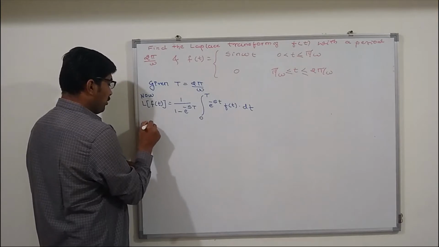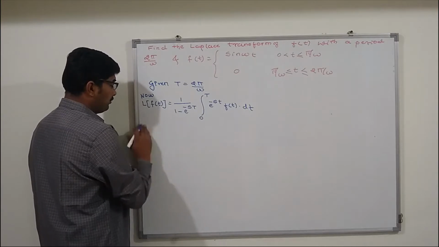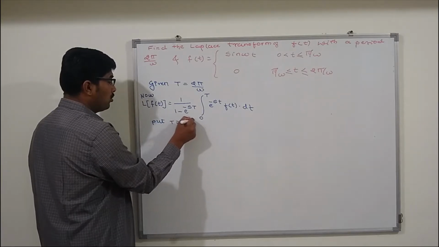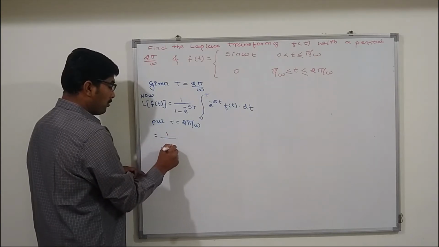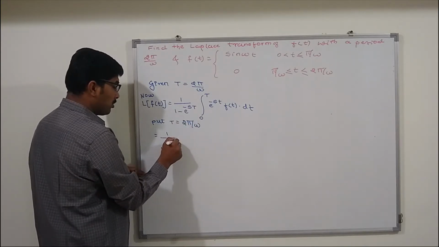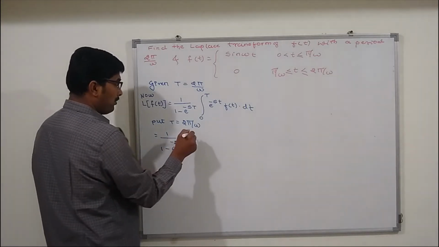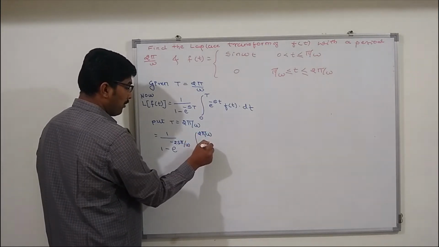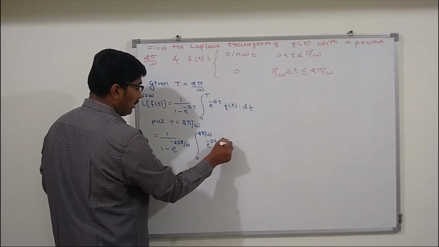So by using this formula we can write the Laplace transform of f of t. Put capital T is equal to 2 pi by omega. So this is equal to 1 divided by 1 minus e raised to minus 2 pi s by omega, integration 0 to 2 pi by omega e raised to minus st f of t into dt.